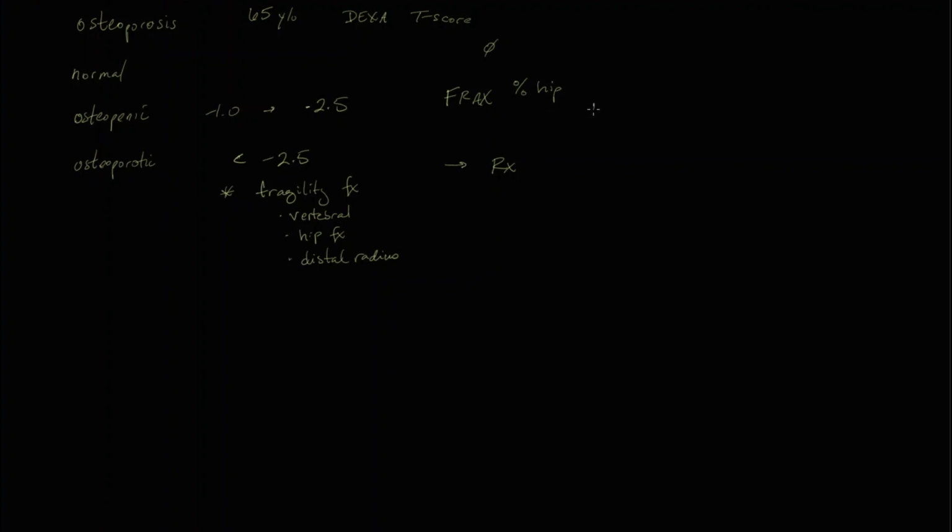Essentially, if that percentage is elevated, you also should undergo pharmacologic treatment for osteoporosis. The rest, the osteopenics with no increased risks, and the normal bones don't need any kind of formal pharmacologic treatment.